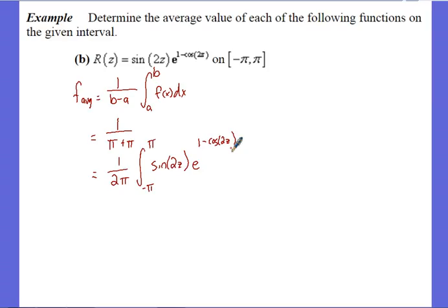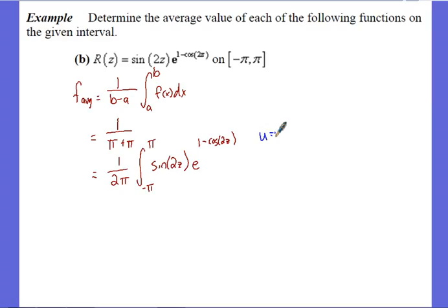So we kind of already hinted towards it. Probably, what are we going to have to use here? Which one do you think is going to be my u? Why do you think that's the better u?